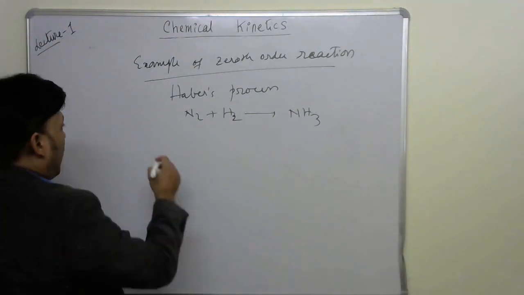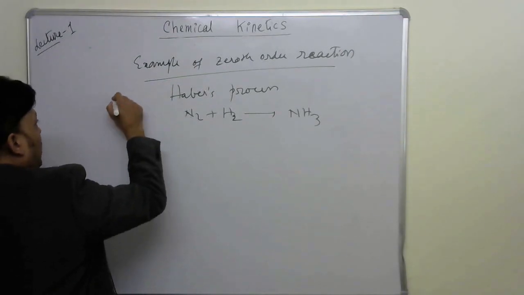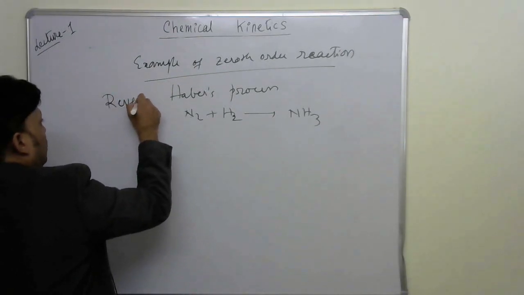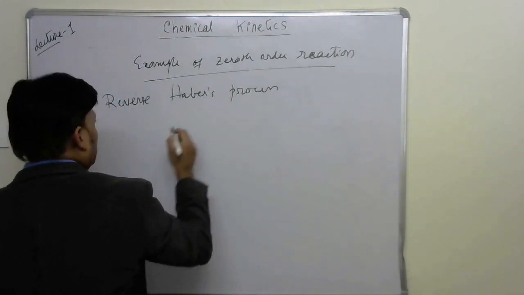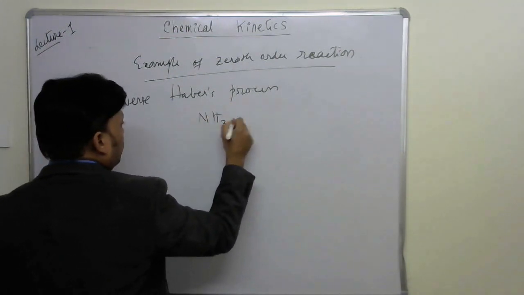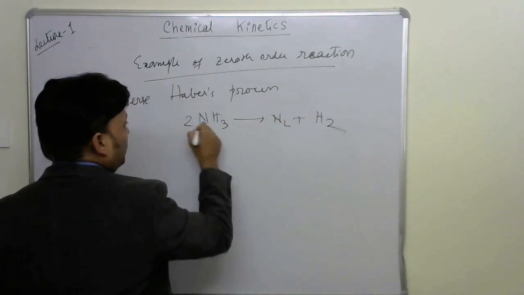The example of the zeroth order reaction is the inverse or the reverse of Haber's process. So it is basically the dissociation of ammonia into nitrogen and hydrogen.